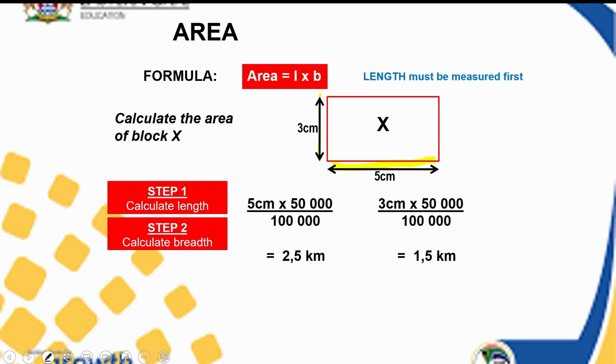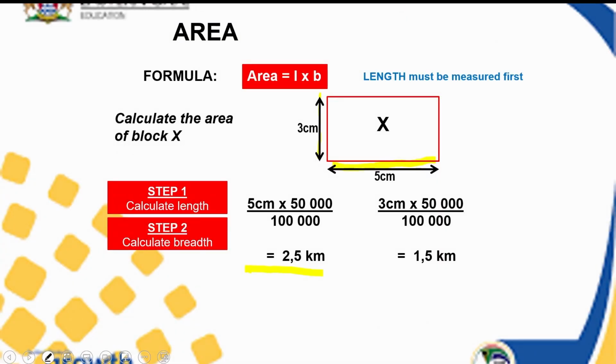Then also again, in this calculation, you have to make sure that you multiply by the scale of the map. The scale of the map, of all maps in South Africa, if you are using a topographical map, is 50,000. And then if you are using an orthophoto map, it is 10,000.